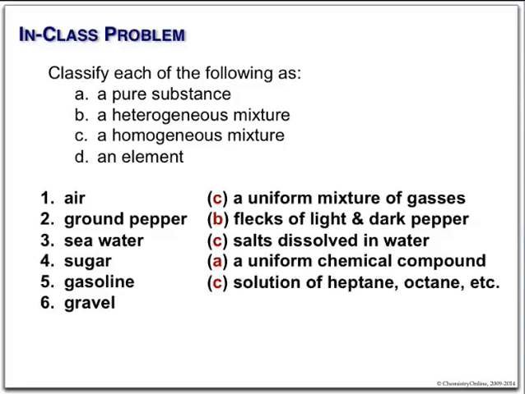Octane has a very nice low boiling point. Because of that, it works well in a combustion engine. It is a solution, a homogeneous mixture. And finally, gravel from the beach. We know that it's just lots of little rocks. Any questions?